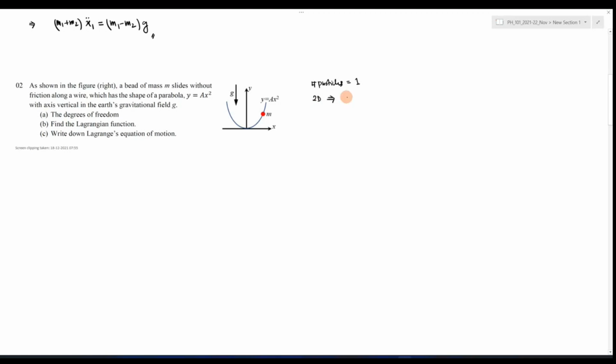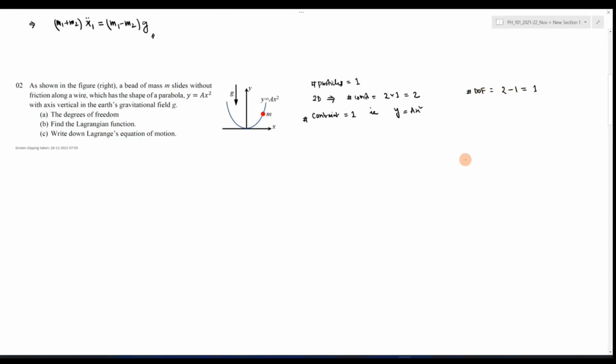So the number of coordinates required will be 2. Now tell me, is there any constraint? Yes, y equals a x square. The number of constraints is equal to 1, which is y equal to a x square. So the degrees of freedom will be equal to the total number of coordinates minus constraints, which is 1.